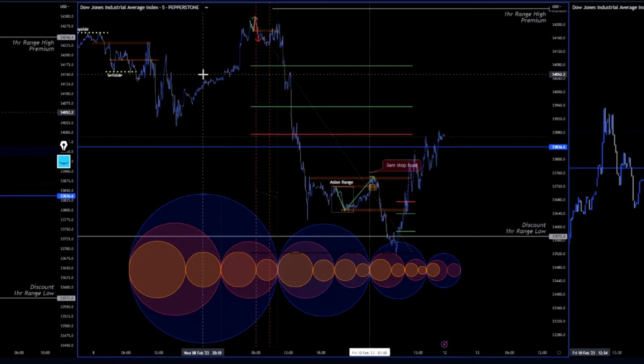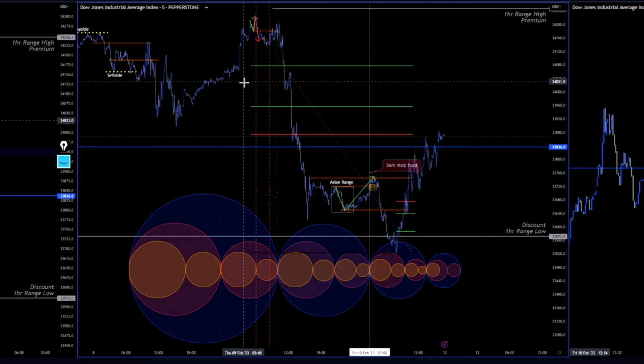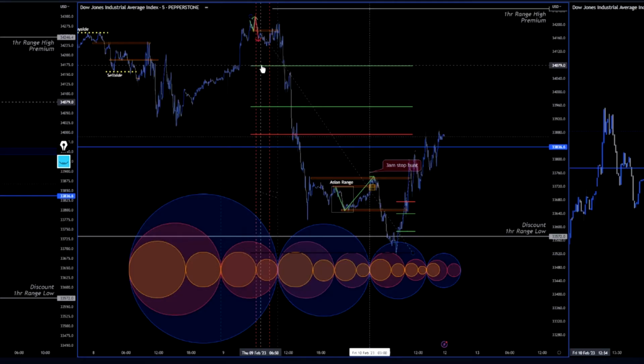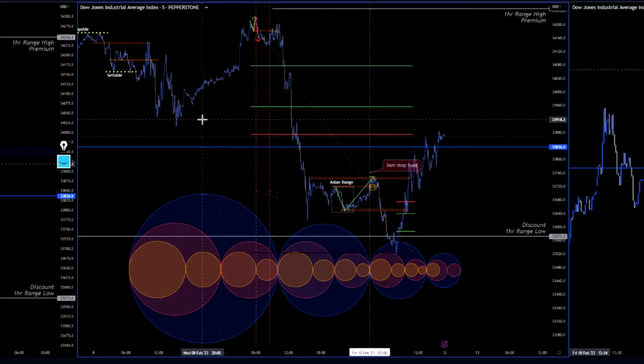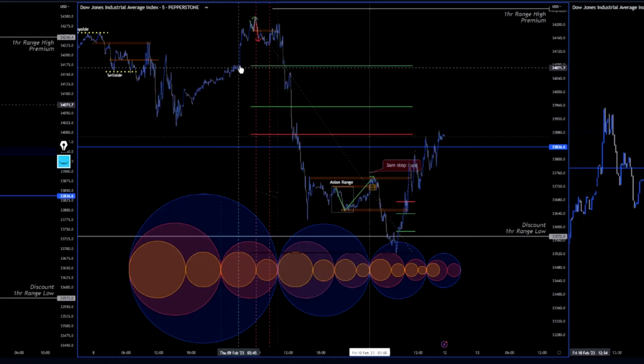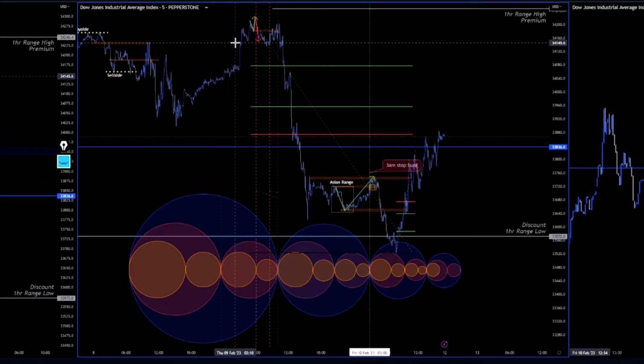So the time element becomes a specific time during the day when you're going to get either accumulation, manipulation, or distribution. And at 3 o'clock in the morning, it's accumulating liquidity on one side of the market.